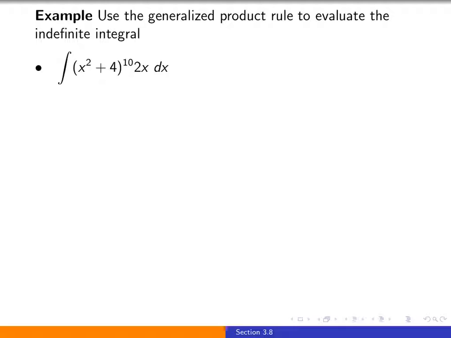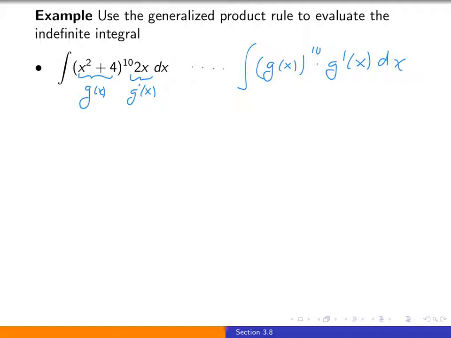In terms of that generalized power rule, I'm thinking of the x squared plus 4 as playing the role of g of x. And note the derivative of x squared plus 4 is 2x. So perfect. This is actually the integral of g of x to the 10th times g prime of x dx.